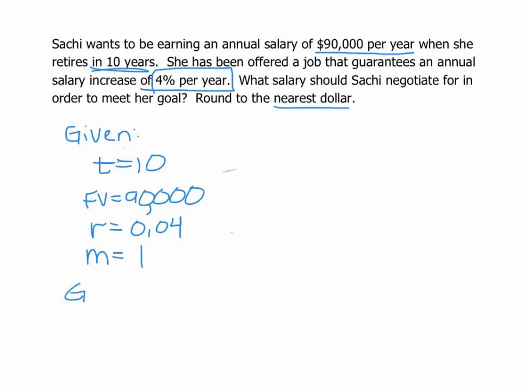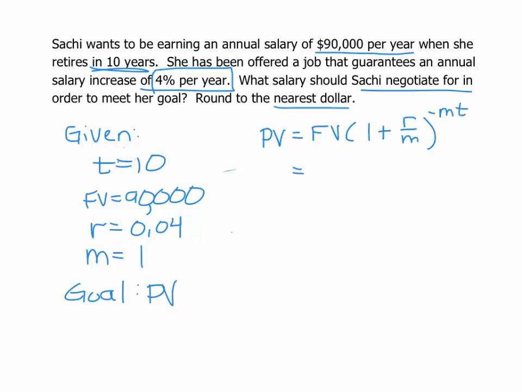My goal is to figure out how much she should negotiate for her salary when she gets hired. So that is the present value of her salary. If we write down our compound interest formula, we would use that present value version. So I'd have present value is future value times 1 plus R divided by M to the negative MT. Plugging in what we know, future value is 90,000.